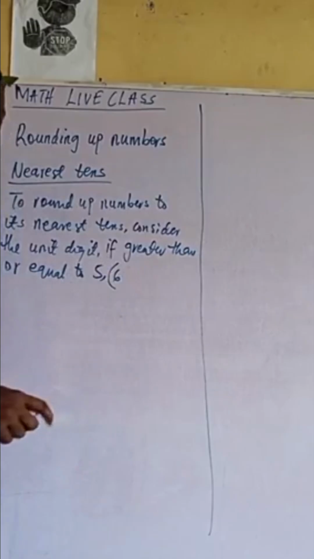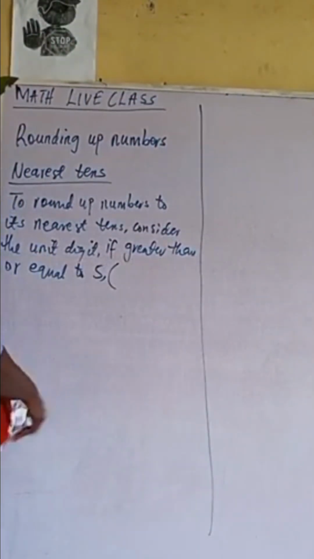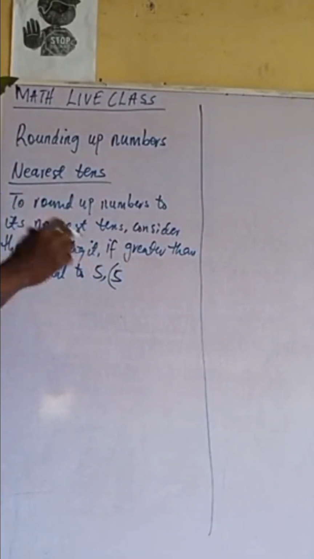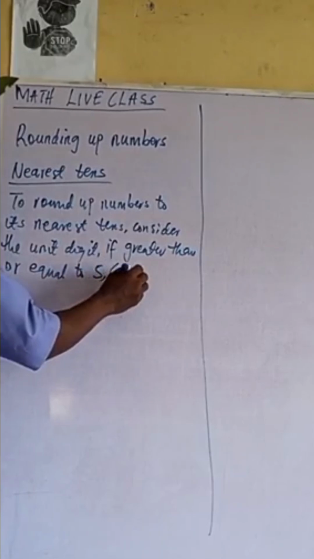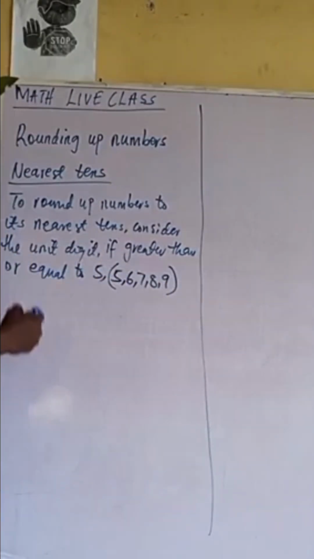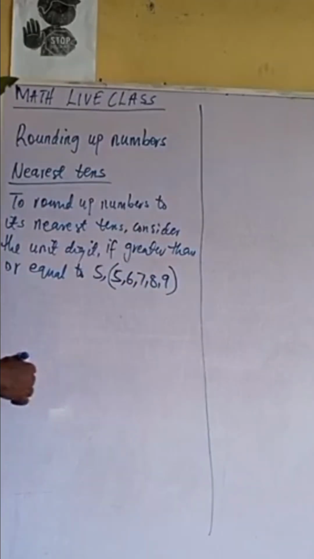6. Okay, let's start with 5. Number equals to 5. This is 5. We said if greater than or equals to 5. So equals to, we have 5, greater than 5 we have 6, 7, 8, and 9. If greater than or equals to 5, these are the numbers we are talking about.